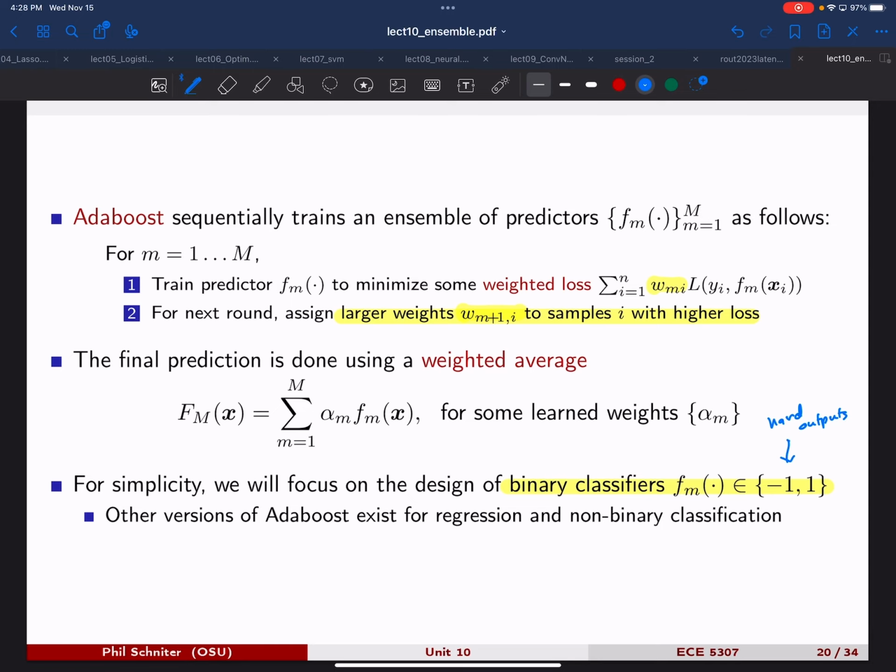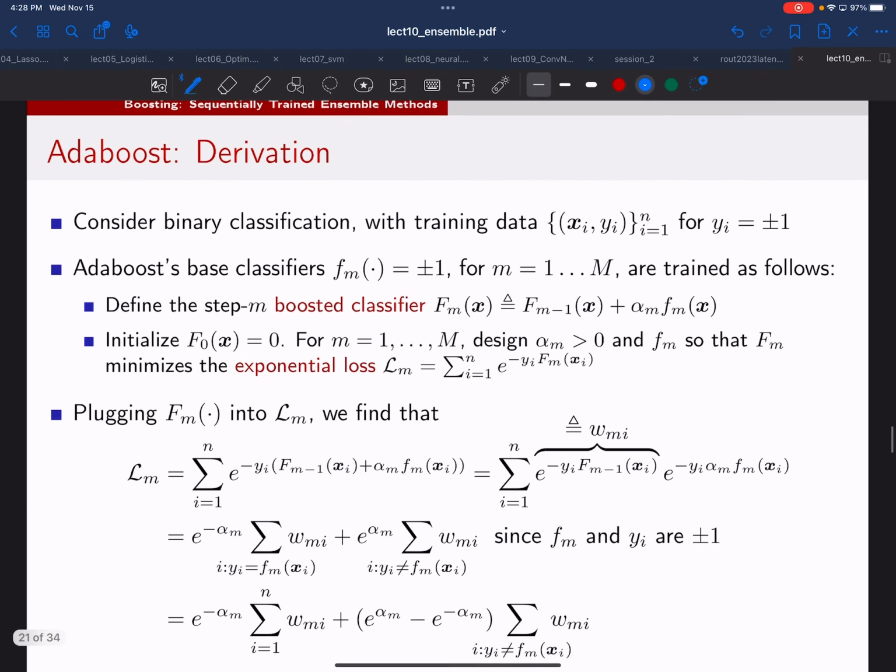Okay, all right. As usual, this is our training data set, x y pairs. We're going to assume that our training labels are binary plus or minus 1. The base classifiers, as we said, output plus or minus 1. Essentially, this is how we train them. First, let's define this step m boosted classifier.